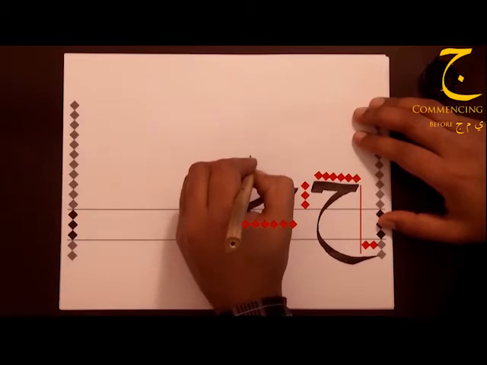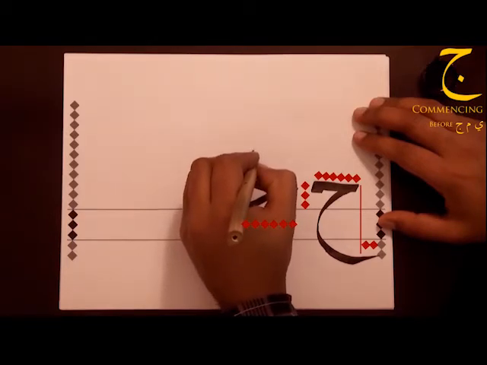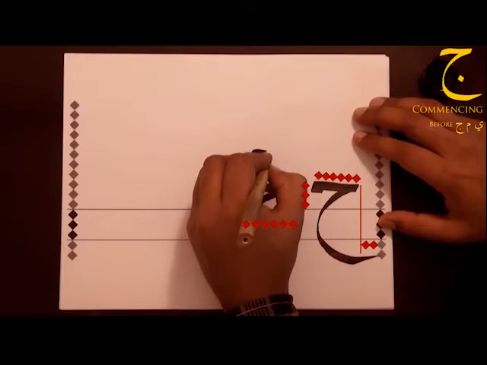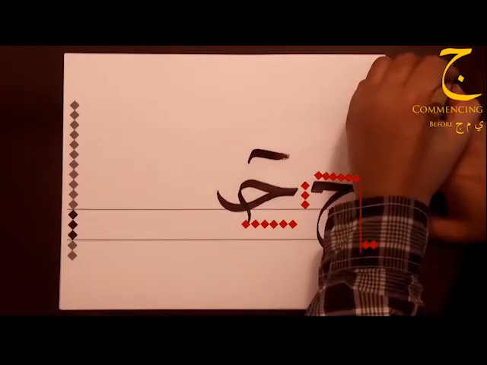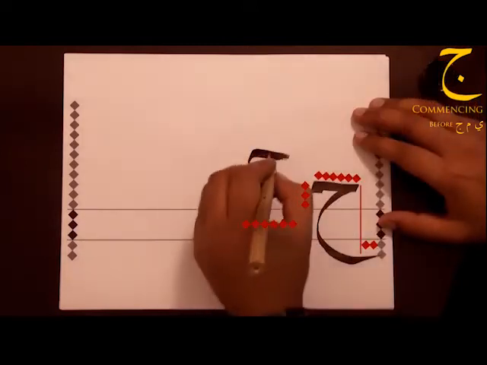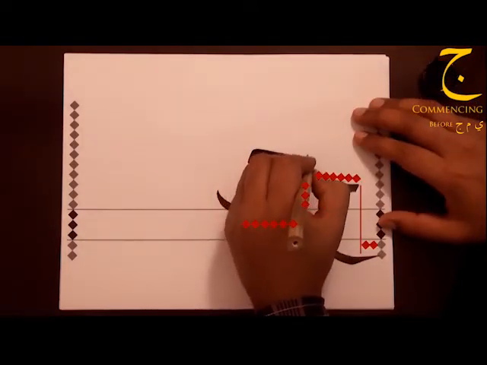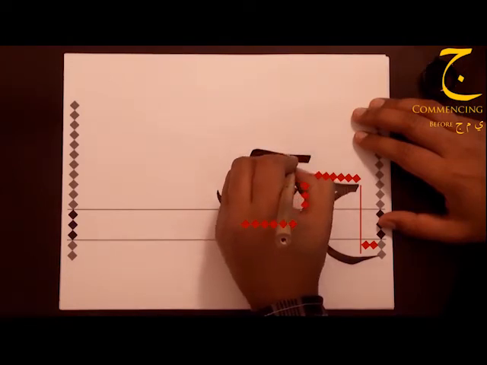So in Thuluth, just like in Nes, when a Jim appears before another Jim, Mim, or Ya, then you can curve in the second stroke of the letter Jim.